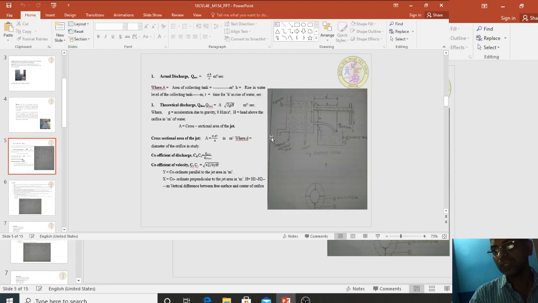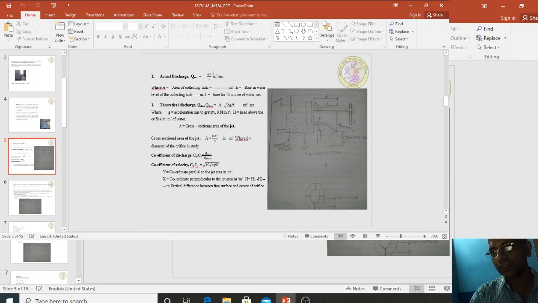Now the calculation part. Number one, we have to calculate the coefficient of discharge. Coefficient of discharge is given by the formula Q actual divided by Q theoretical.